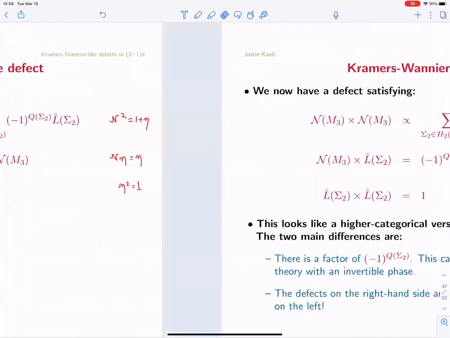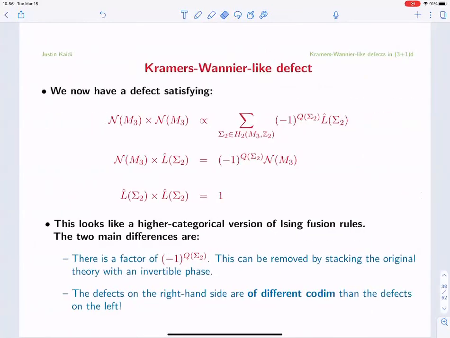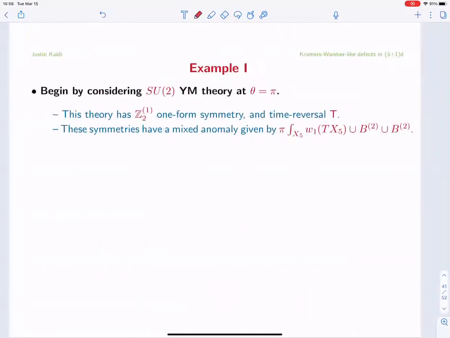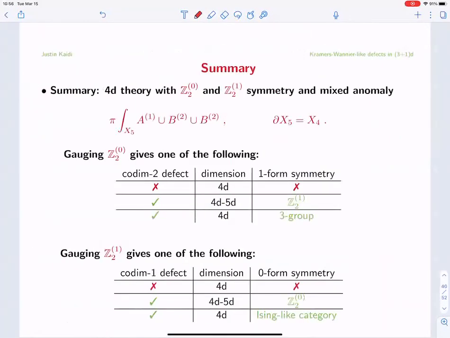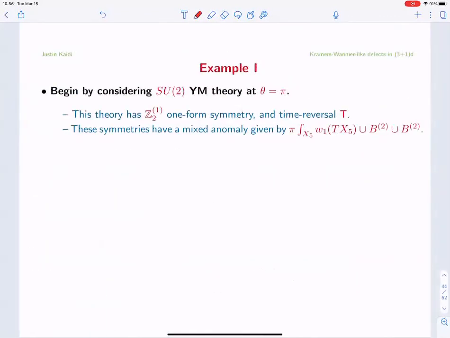Okay, great. All right, so let me just wrap up with a couple of examples. So the first example is we can consider starting with SU(2) Yang-Mills at theta equal to pi.